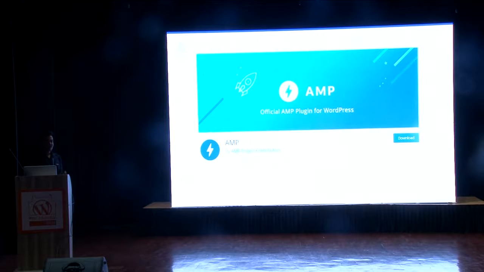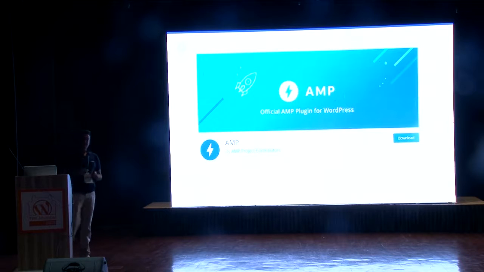And at last, AMP is already ready for WordPress. There is a plugin called AMP by AMP Project Contributors, where you can just install it, create your AMP stories, create your pages AMP valid, and all the things that AMP provides, and it also helps you rank on top of Google search results. It's just a tab away. When you install this plugin, it does everything for you.